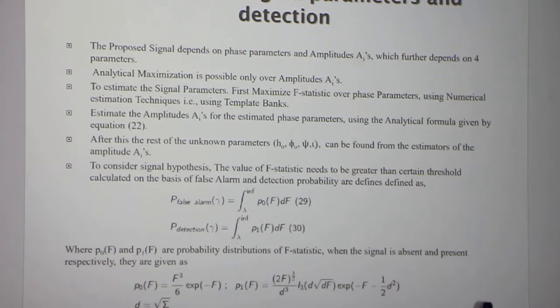Through parameter estimation techniques like template banks and matched filtering, through the use of template banks, we can estimate parameters. First we are going to estimate our phase parameters through parameter estimation techniques.